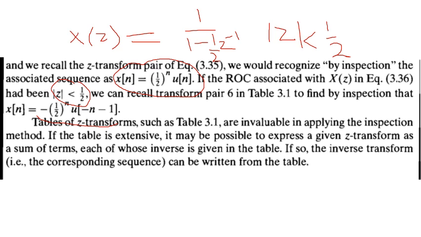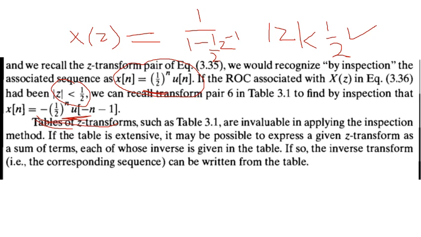You must understand how region of convergence plays an important role in finding the inverse Z transform. If Z mod is greater than 1 by 2, we have the first inverse. If Z mod is less than 1 by 2, we have the second inverse.